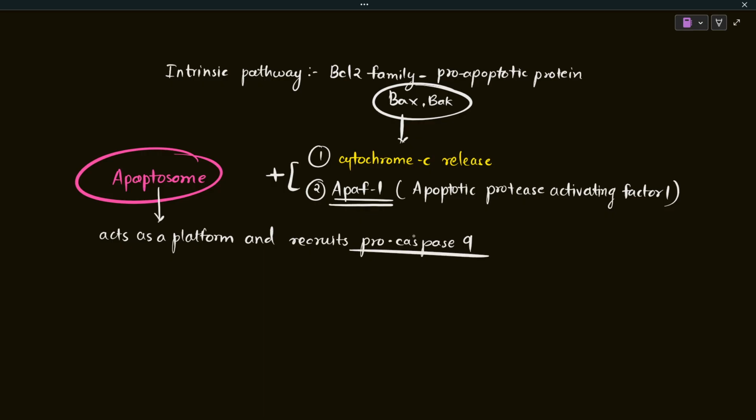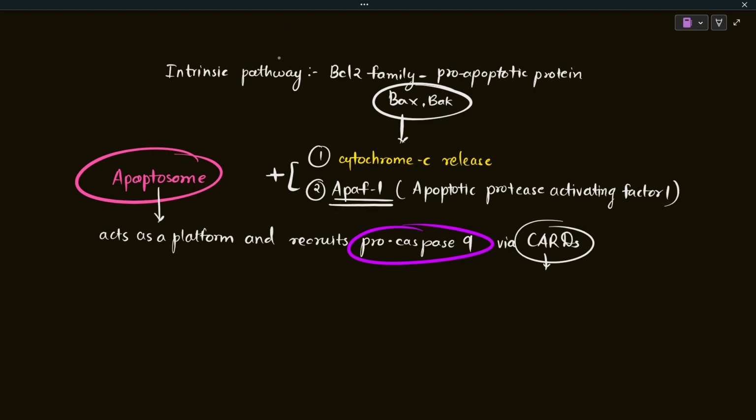This is very important. It recruits procaspase 9 via CARDs, the caspase activation and recruitment domains. So via the caspase activation and recruitment domains, this apoptosome, which acts as a platform, recruits procaspase 9.